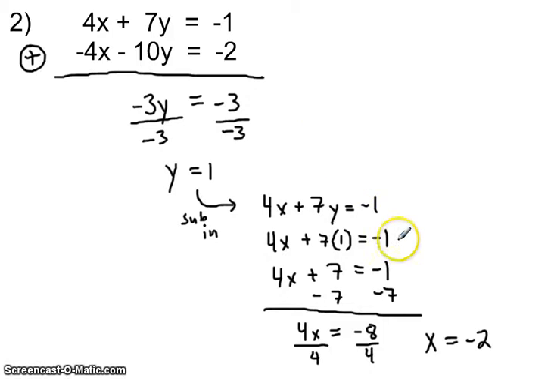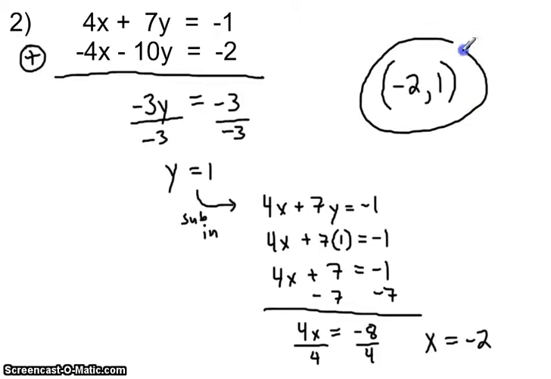So my answer, we could either say x is equal to negative 2 and y is equal to 1, or I can just say my solution is the point negative 2, 1. Again, you should probably check this, subbing it back in, but we are good because I want to stay short on time here.